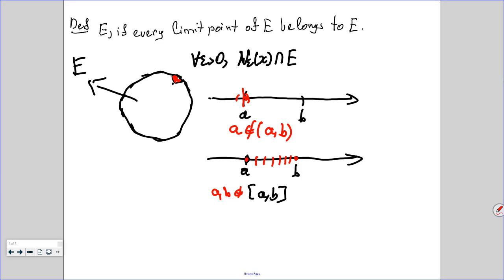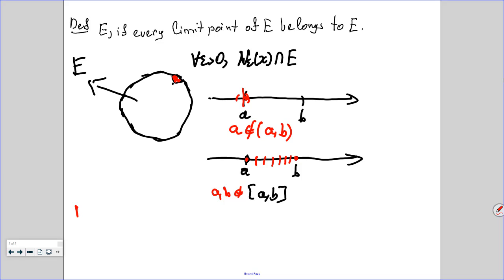So the closed interval [a, b] is a closed set. The other interesting thing you may note is that if we want to make a set closed, we need to add the missing accumulation points. And if a set does not have accumulation points, it should be closed, since there is no point that needs to be added.